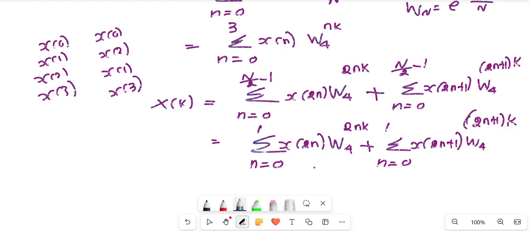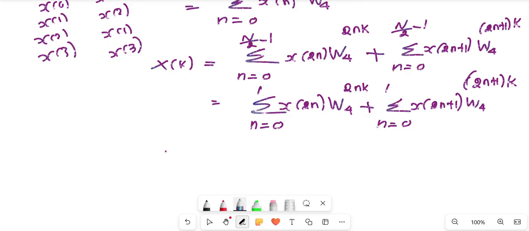So now you can write, for k equal to 0, for example, X of 0 will be, this is the first part and this is the second part. If n equal to 0, k is 0, 1.